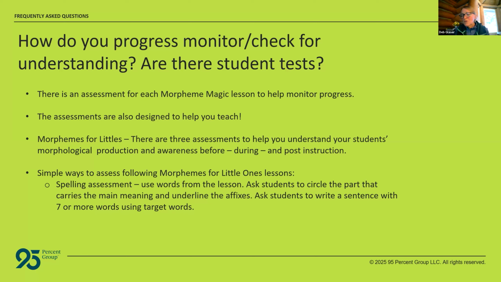So if you've taught the word jump and you've taught the past tense ed, you might say, I'd like you to write the word jumped, circle the main meaning part of that word, which is jump, and did we add any suffixes to that word, underline it, and then have them write a sentence. So there's a real simple way to bring in some assessments for each lesson based on what you have taught with the base words and prefixes or suffixes.